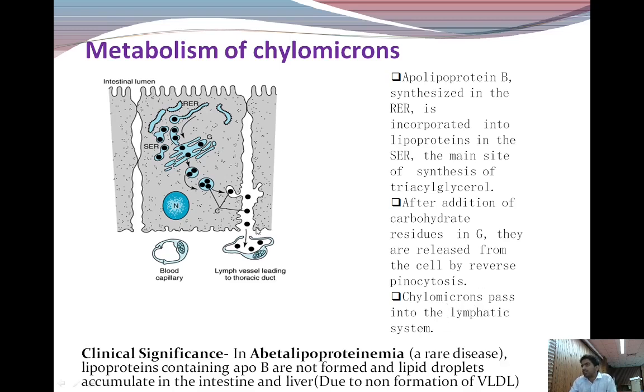Then this chylomicron, when it is formed, will pass into the lymphatic channel. This is the blood capillary and this is the lymph vessel. It will come into the lymphatic system, and from the lymphatic system it will come into the main circulation.